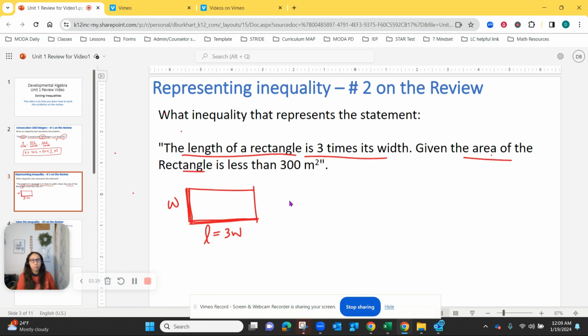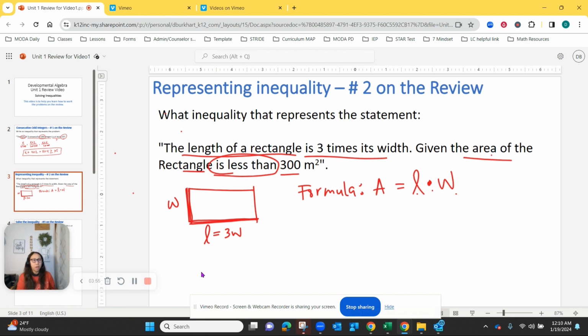We know the formula for the area of a rectangle is the length times the width. It says the area is less than, not equal to, but smaller than 300 square meters.